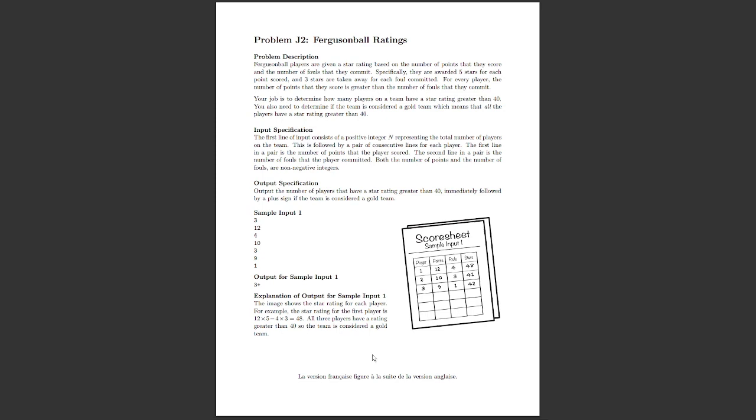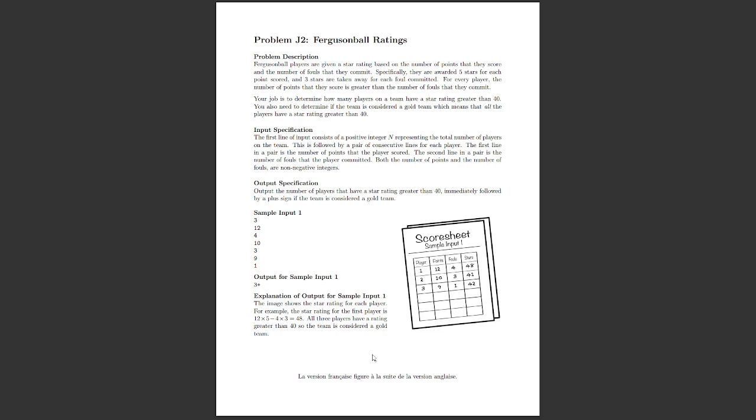Okay, so this is the problem J2, and the name of the problem is Fergusonball ratings. The problem goes as follows. Fergusonball players are given a star rating based on the number of points that they score and the number of fouls they commit.